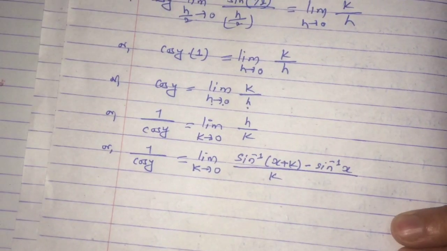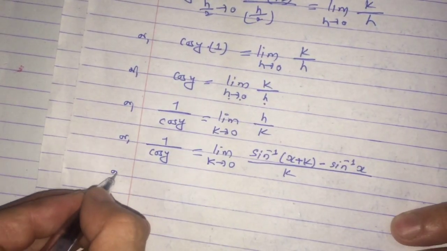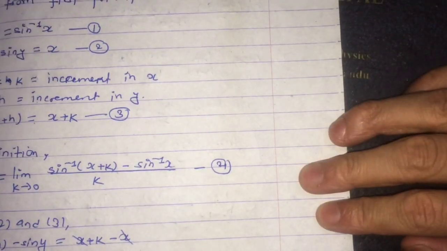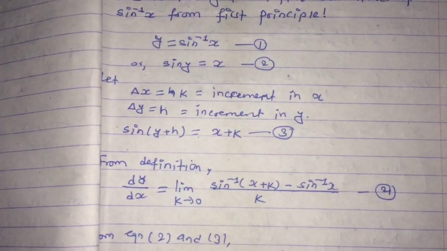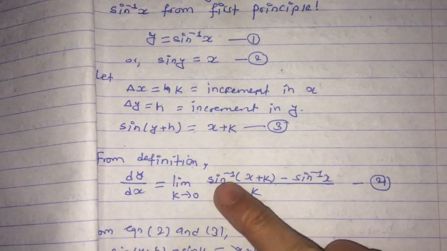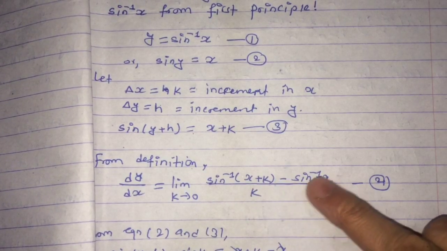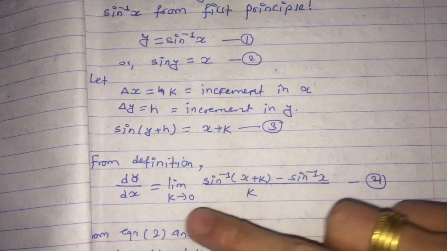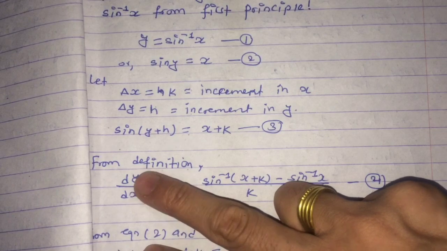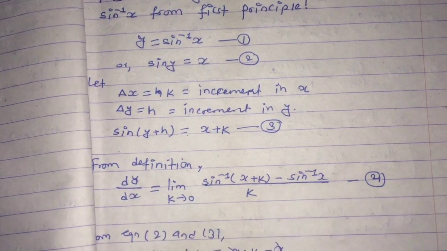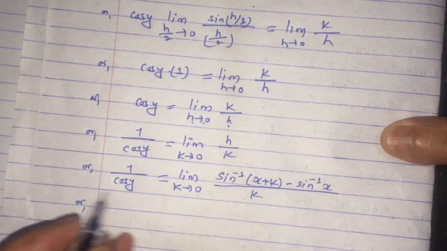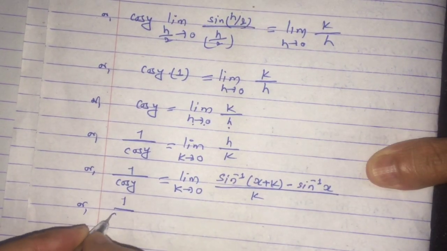And from the definition of derivative, we have the limit as k tends to 0 of sine inverse of x plus k minus sine inverse x whole divided by k is equal to dy by dx. It means the derivative of y with respect to x. So in place of this one, we can write dy by dx.